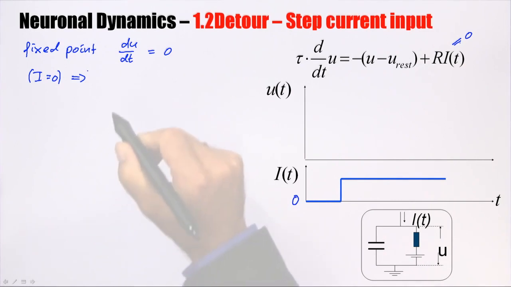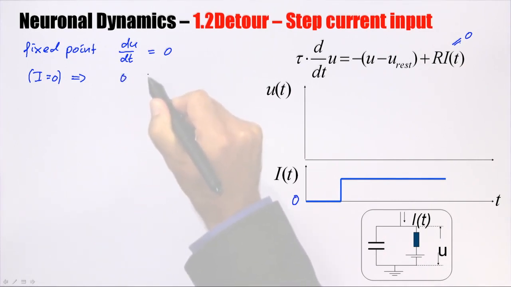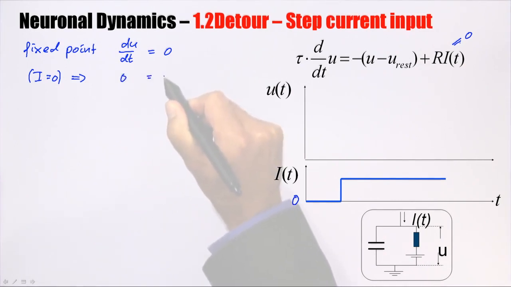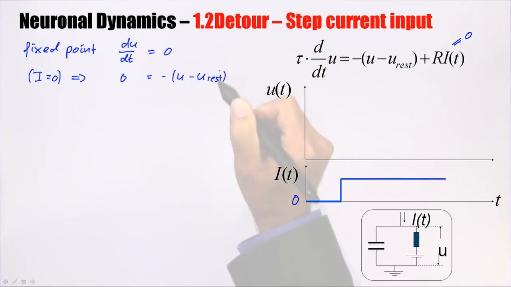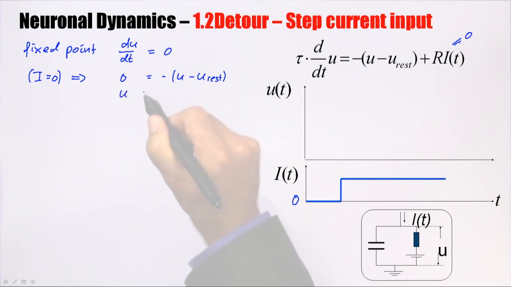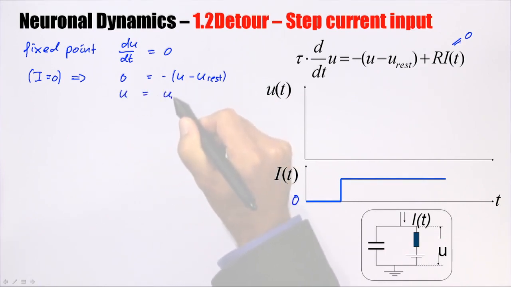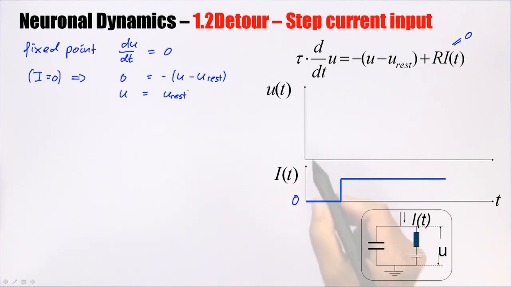That means 0 is equal to u minus u rest, or u is equal to u rest. u rest is the resting potential. Say it's here, u rest.